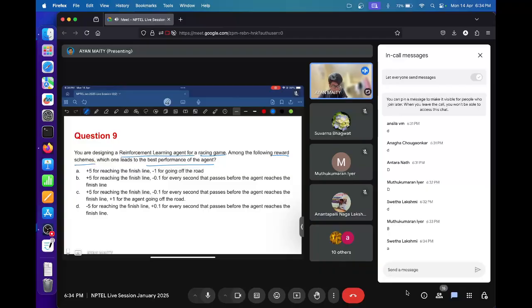Option C says +5 for reaching the finish line, -0.1 for every second that passes, and +1 for going off the road. Option D is -5 for reaching the finish line, +0.1 for every second that passes before the agent reaches the finish line. Which reward scheme would lead to the best performance of a racing agent?